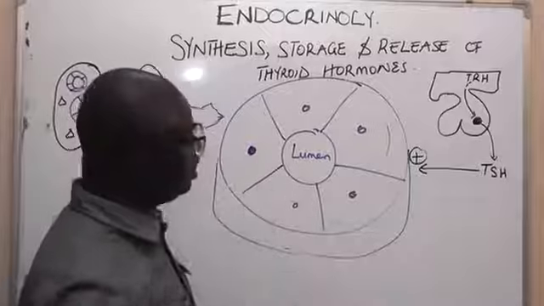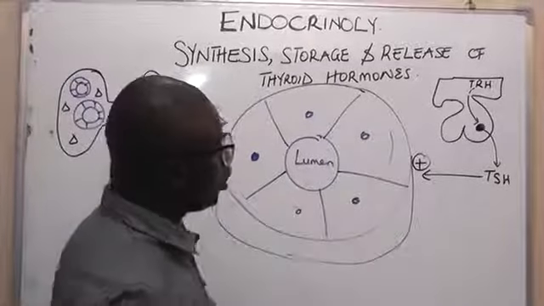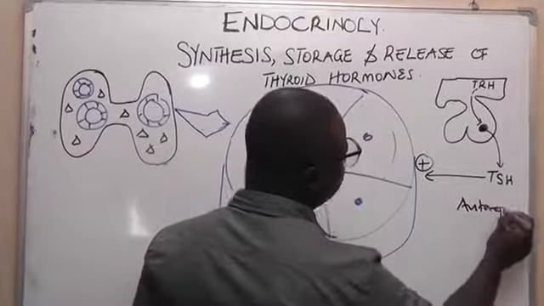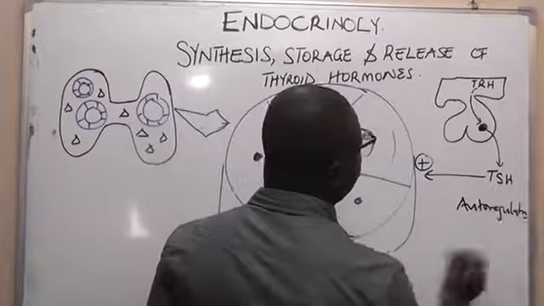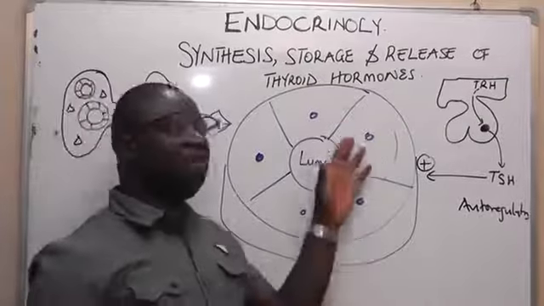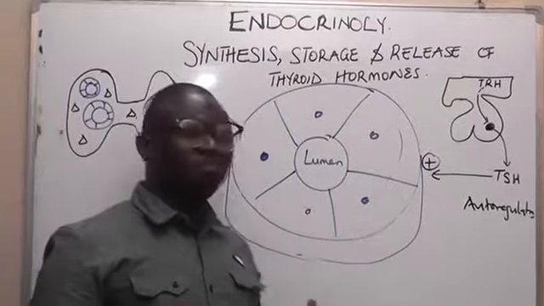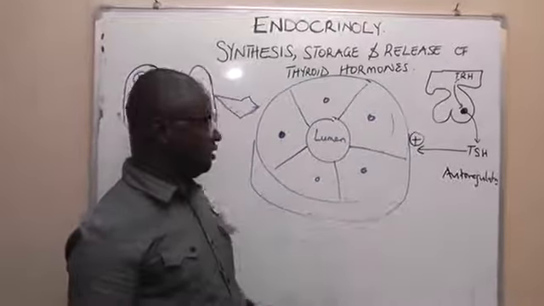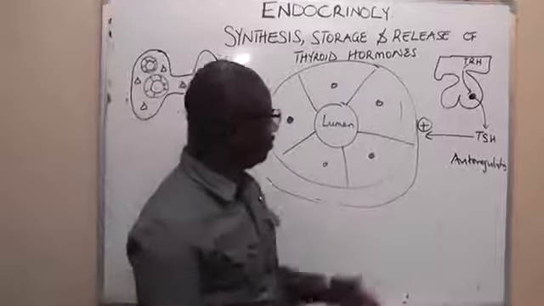Then the second stimulating factor is known as autoregulation. I will explain that later on. Autoregulation means the follicular cell itself has the ability to regulate thyroid hormone production. I will talk about that shortly.